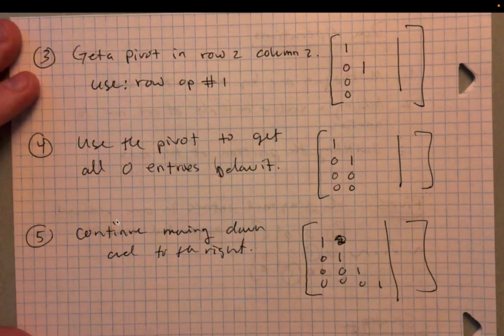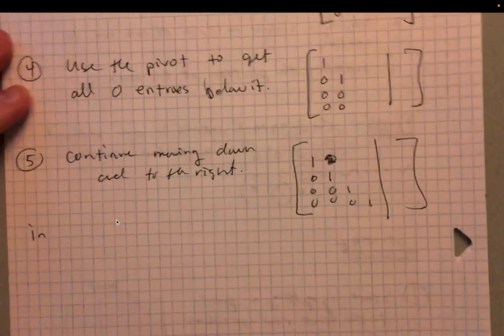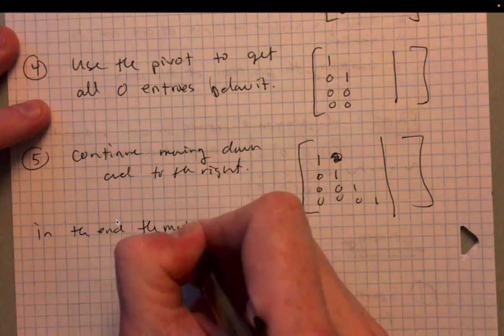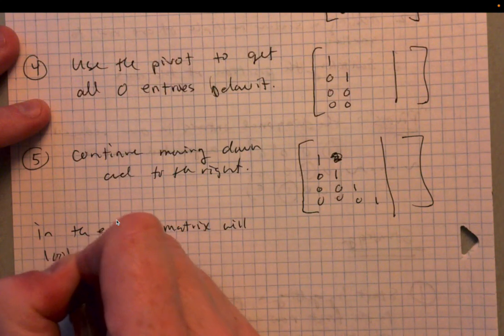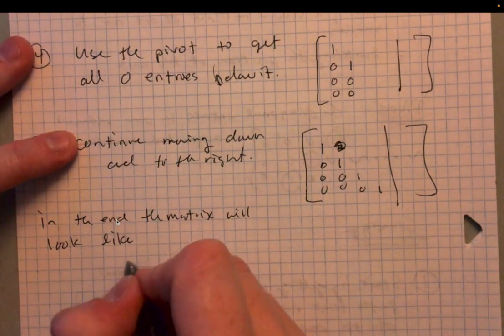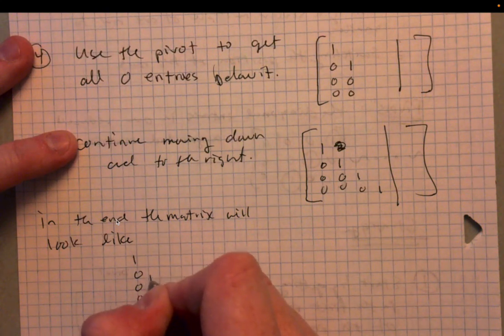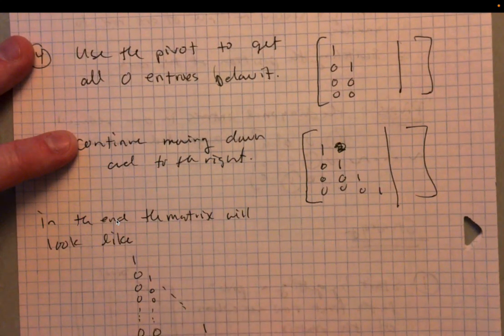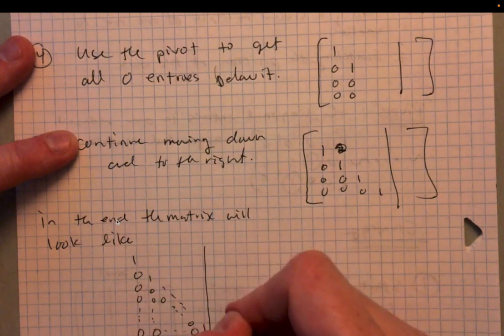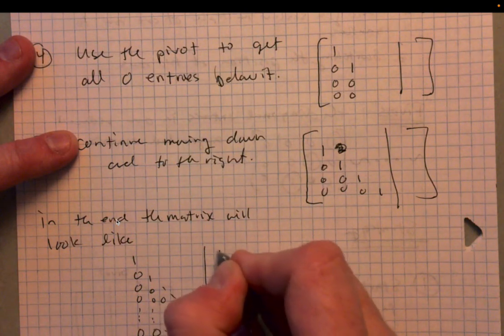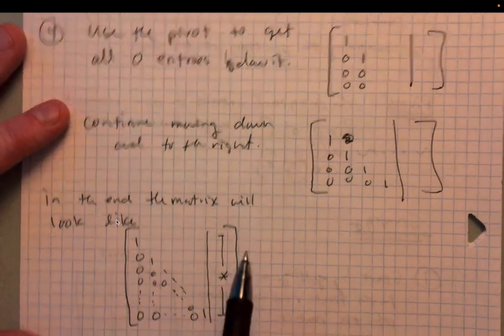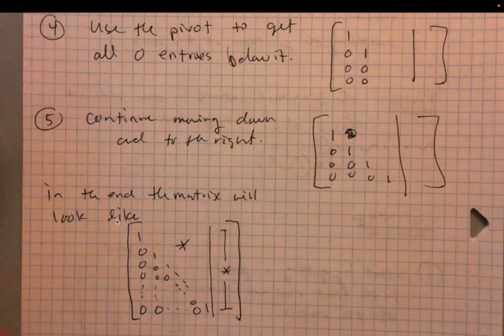All right, so right at the end of this strategy, your matrix will look like basically ones on the diagonal, zeros everywhere else below the diagonal, and then you're going to have your scalar section over here, which is going to have some numbers in it, and then you're going to have the upper section of the coefficient matrix, which is going to have some numbers in it as well.